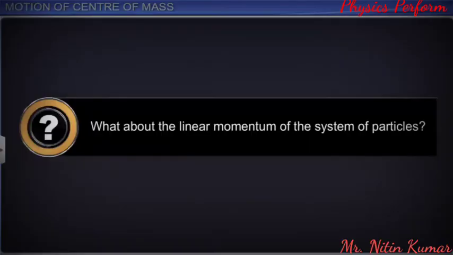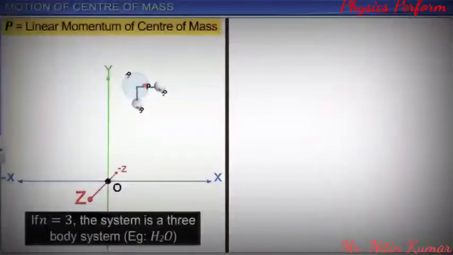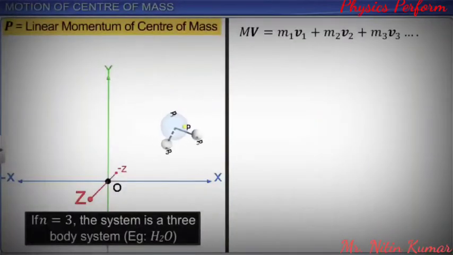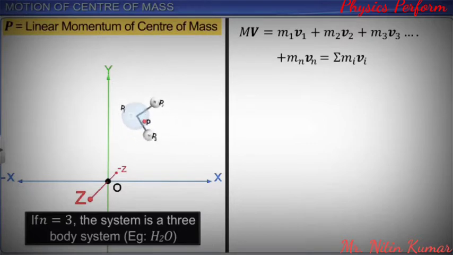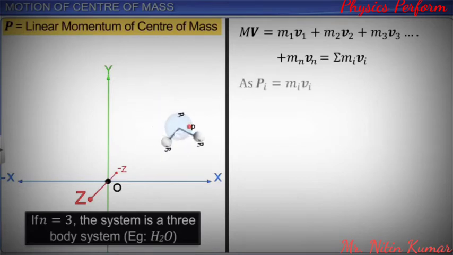What about the linear momentum of the system of particles? We know that mv is equal to m1 v1 plus m2 v2 plus m3 v3, and so on, plus mn vn, which is equal to sigma mi vi, as pi is equal to mi vi.